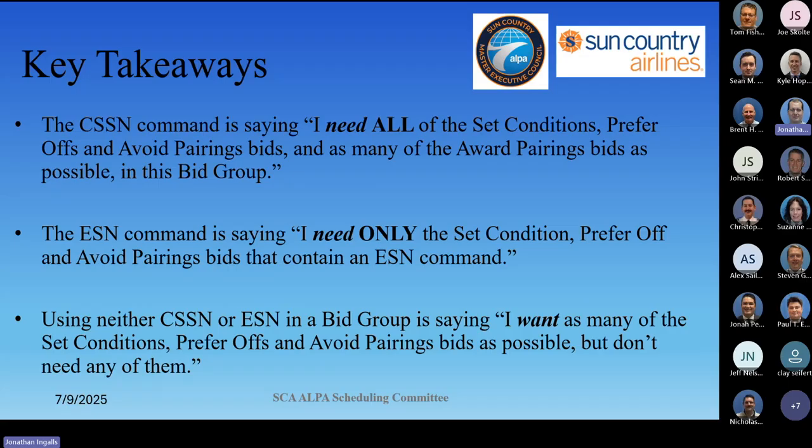It's saying it's okay to enter into denial mode, but this is the point where you leave denial mode and move to my next bid group. Using neither of them is saying build me from this bid group. You're saying that this is the bid group that for sure my schedule will be built in, if previously you hadn't been able to build it in a previous bid group that had the clear schedule start next or the L start next.